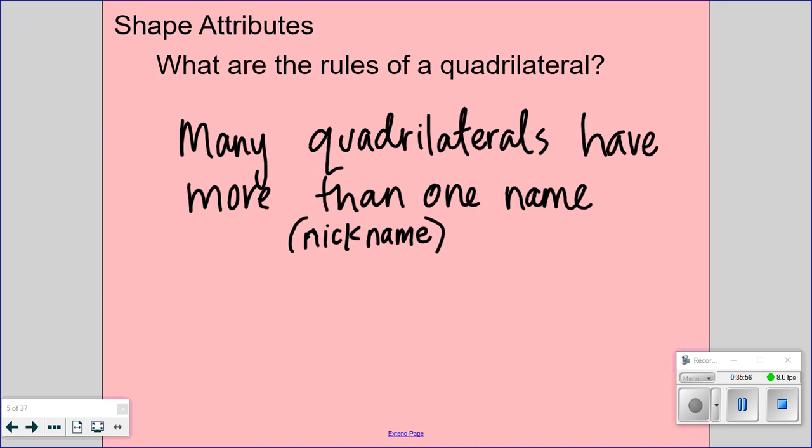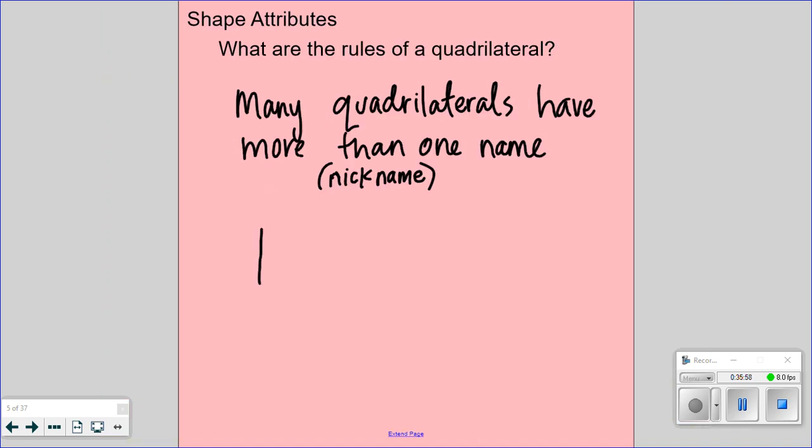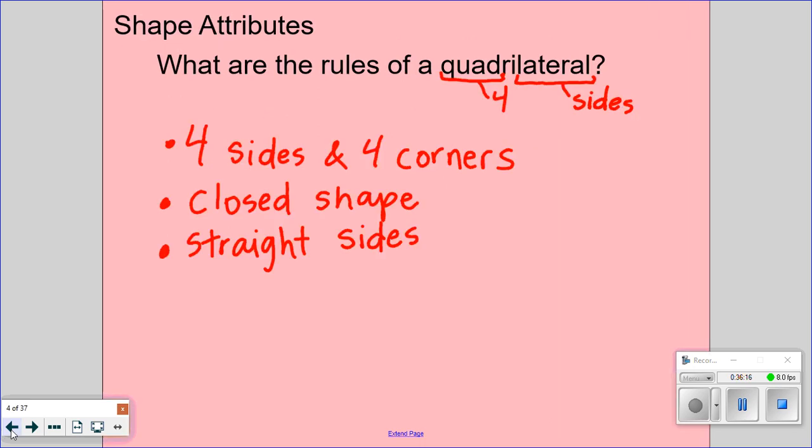So let's look at this shape. Just draw that shape. Is that a square? We know, based on our rules, let's look at my rules. 4 sides, 4 corners.